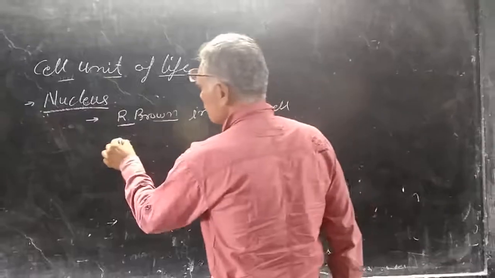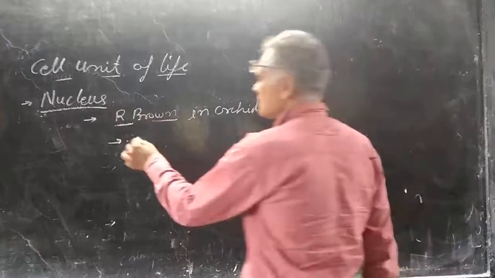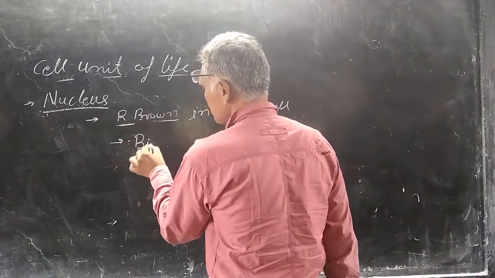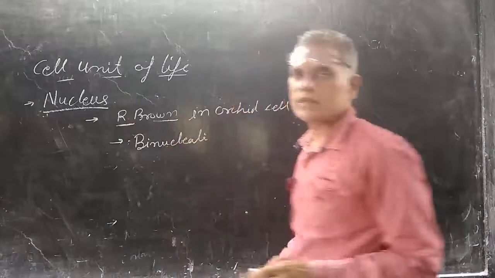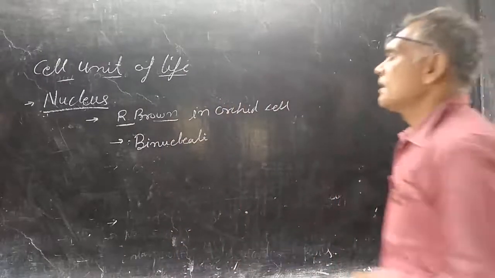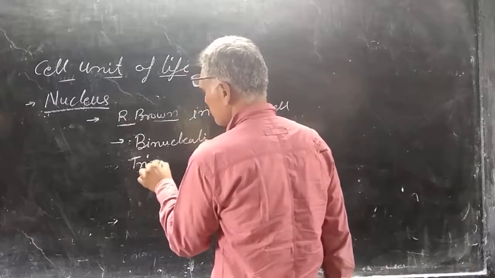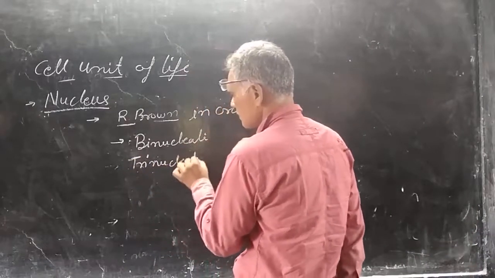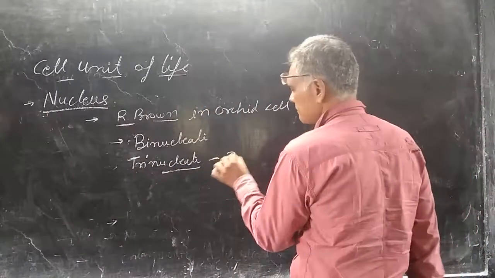Normally there is one nucleus in each cell, but sometimes some cells are binucleate, like in fungi, where the dikaryotic stage is there. In Paramecium aurelia, it is trinucleate.